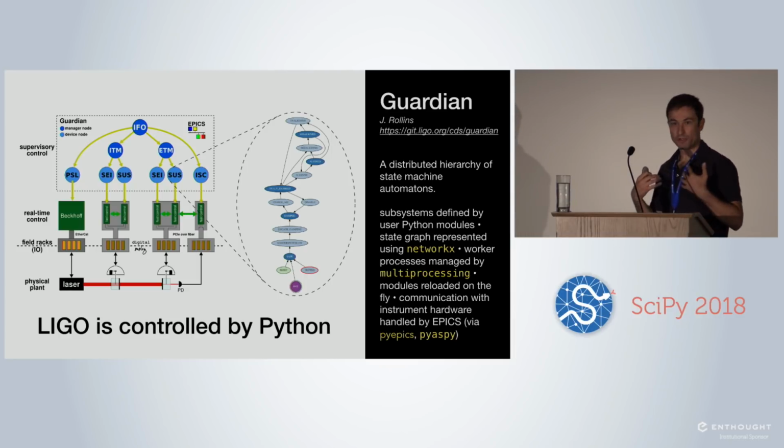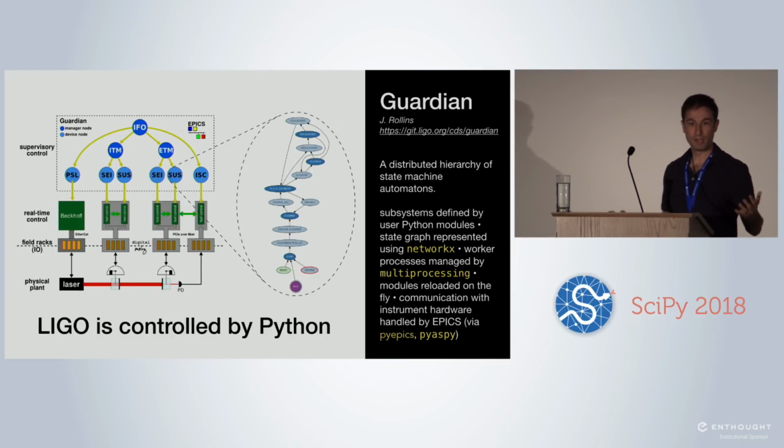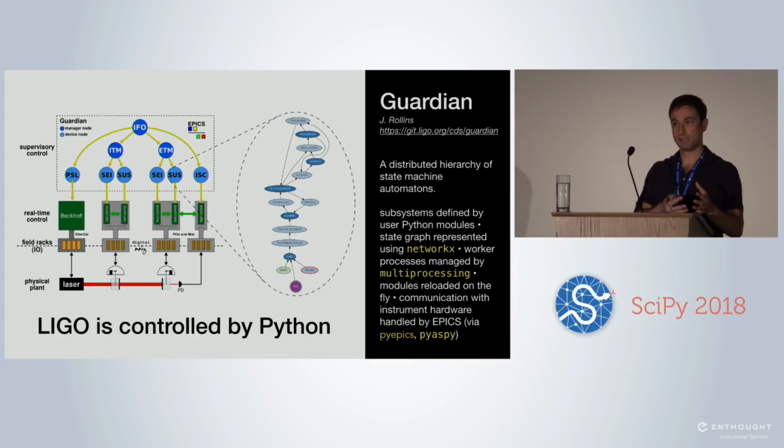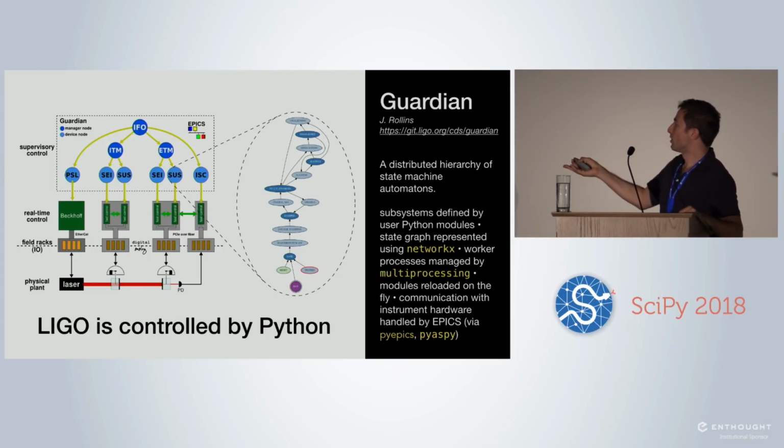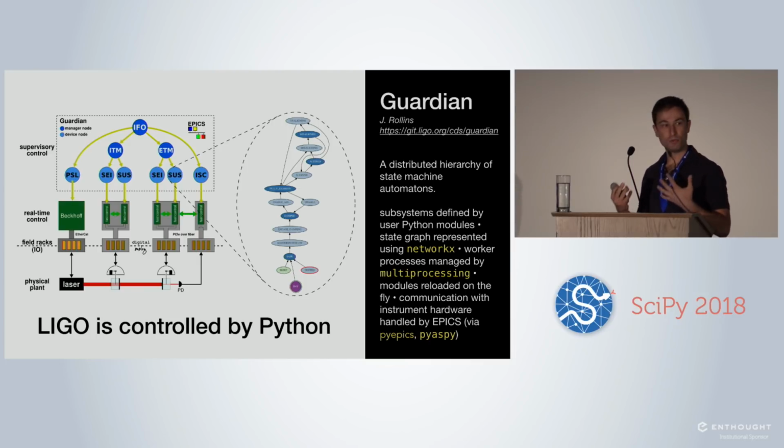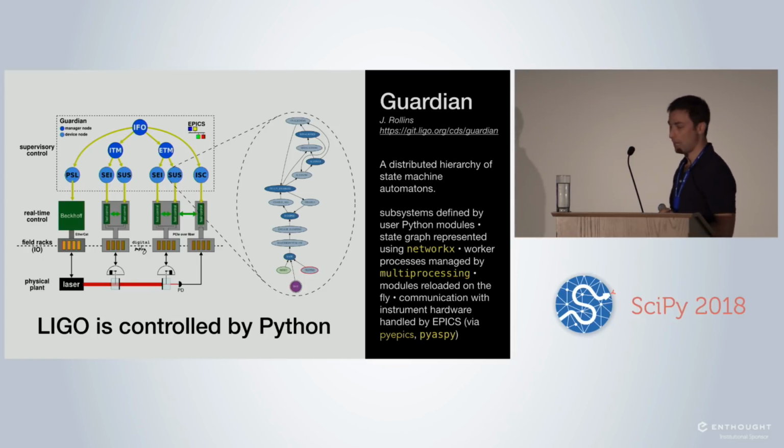Now that is what actually talks to the low-level hardware, which consists of a few million filters implemented in FPGAs and various modules. But the actual automation of the whole system is done using Guardian, a distributed hierarchy of state machine automatons, and it's used to actually lock the detector and automate transitions between different states of operation.